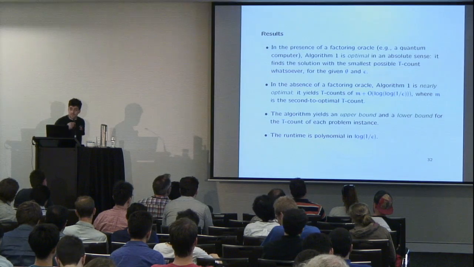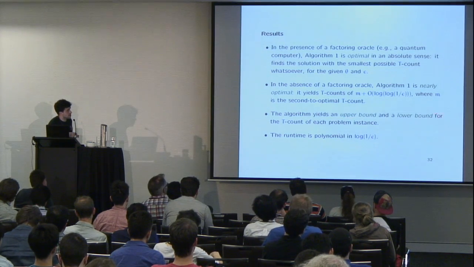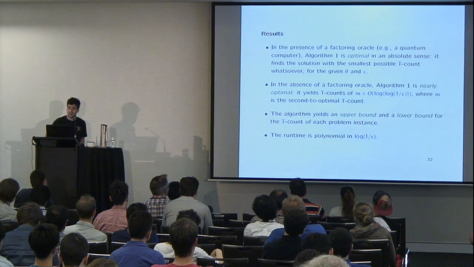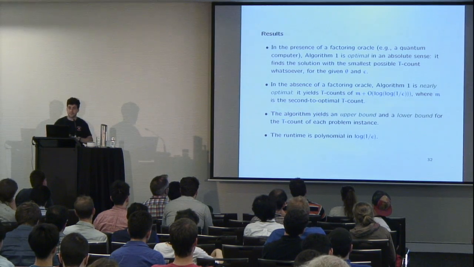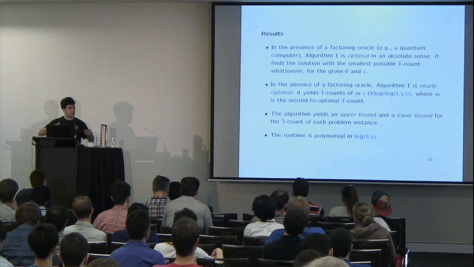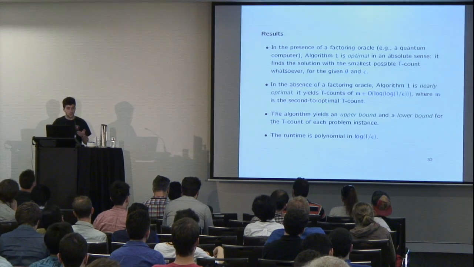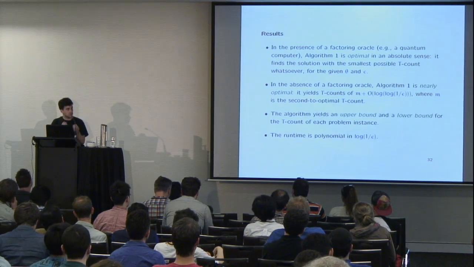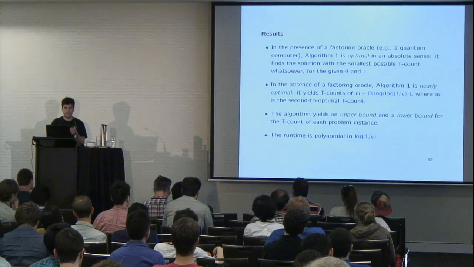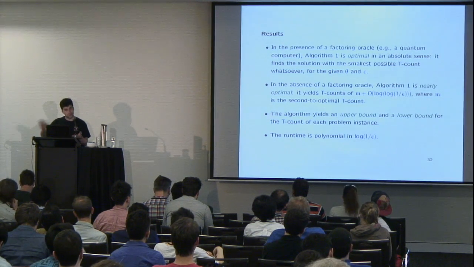Moreover, you can use the algorithm to get an upper bound and a lower bound for the T count in each problem instance, because you're enumerating these candidates and trying to construct a matrix every time. Now, there are some candidates for which you can determine that they're not viable. Those don't count.